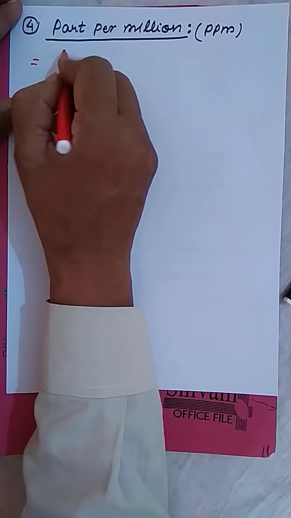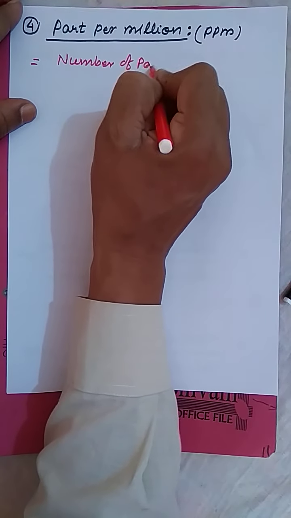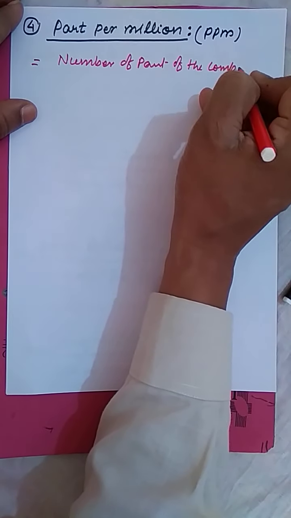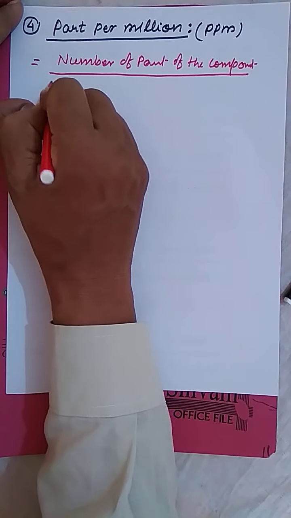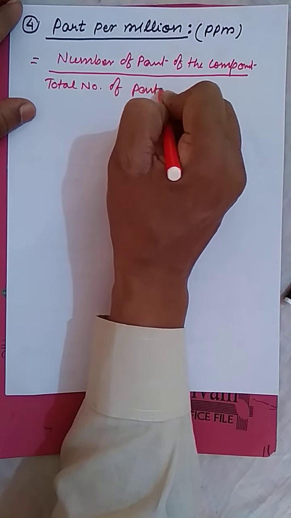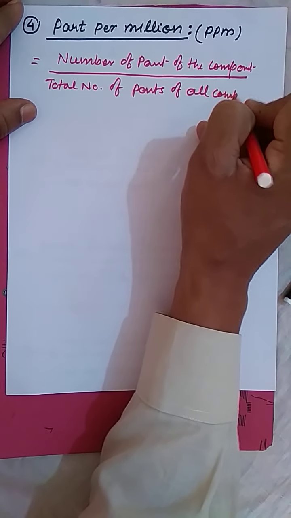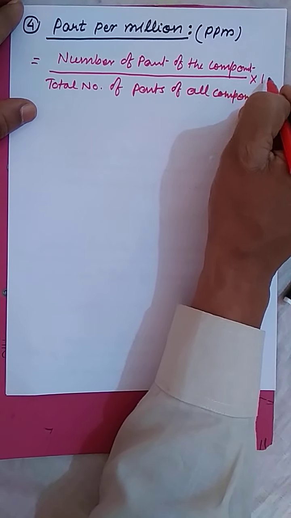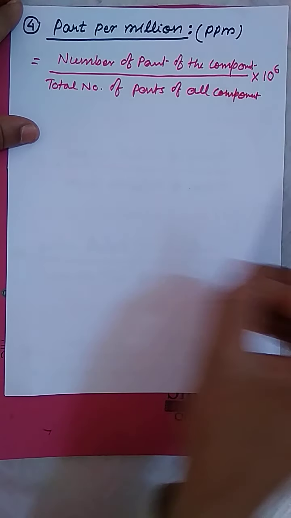So its formula is number of parts of the component upon total number of parts of all components, multiply by, definitely we have to write million, 10 to the power 6, right?